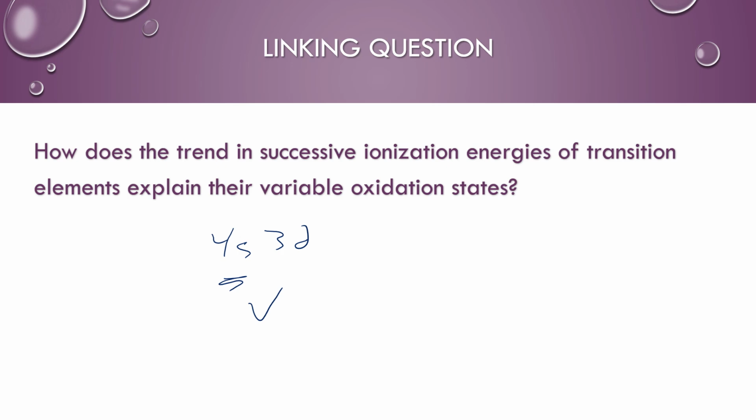So that makes it easy for it to make different charge ions. Since you only really need to know about that first row transition metals, you only need to worry about the 4s and 3d, although that pattern does repeat for the other rows, so it's like 5s and 4d. So they're very close in energy, which means that their ionization energies are going to be much closer than, say, for a representative element.